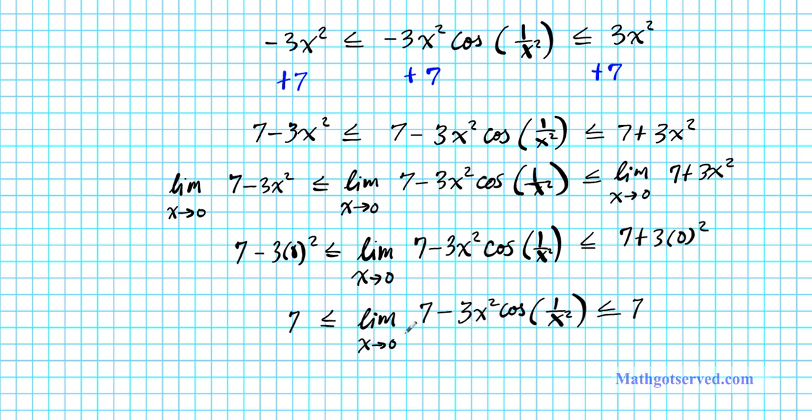So what number is between 7 and 7? It's only 7, right? They're all together. So by the squeeze theorem, we know that this expression right here must be equal to 7, because that's the only number that's between 7 and 7.